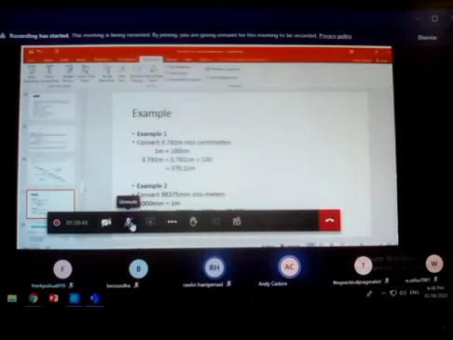Now, we're going to do 2. We're going to convert meter. The first one, we have 6.5 meter, and we're changing this to millimeter.